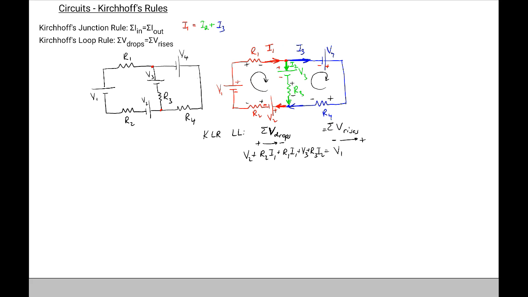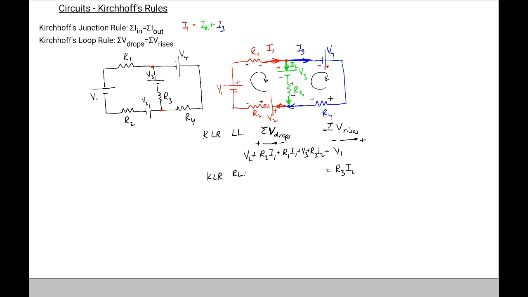Now we'll do the same thing, loop rule for the right loop. So let's start at the same point, same junction, and go around clockwise through here. So I'm going to go up first through R3, and I'm going from negative to positive. So that would be a potential rise. So I'll put that on the rise side, and that is R3 times the current that goes through that branch, which is I2.